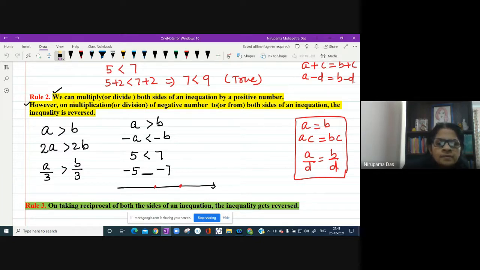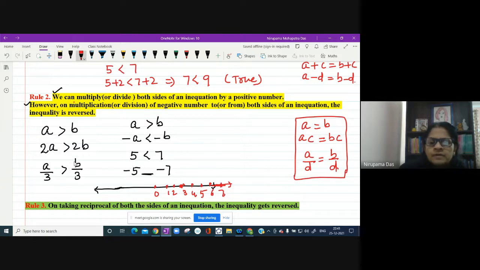So here I can write 0, 1, 2, 3, 4, 5, 6, 7.